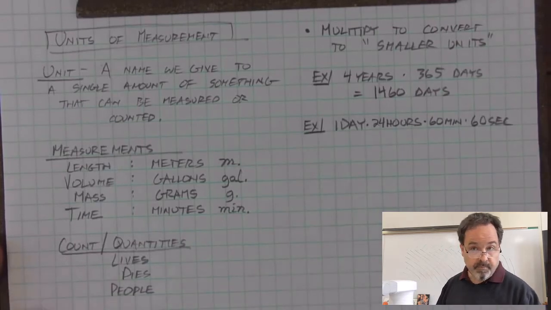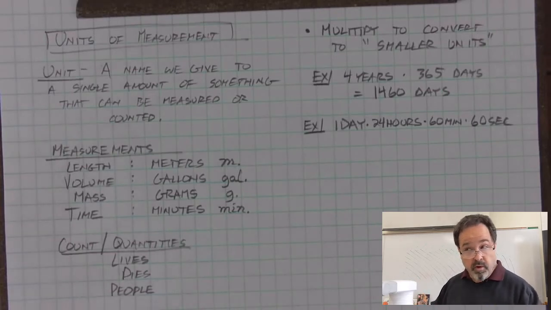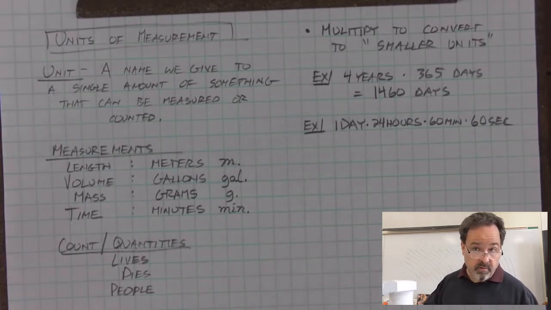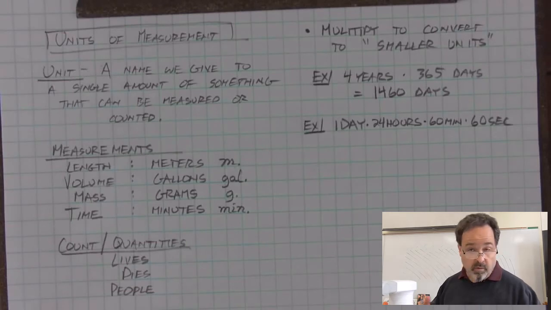And there we'll stop. Now, in order to do this kind of conversion, we need to know how many of one unit is in another. There are reference tables on the internet and provided in this class to look up common conversions that you'll need in order to know what you're multiplying by.